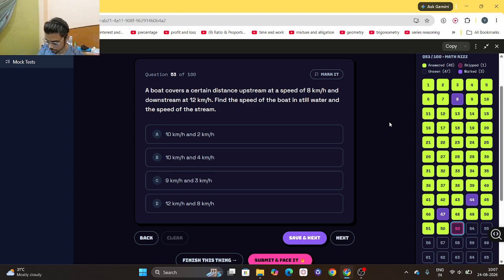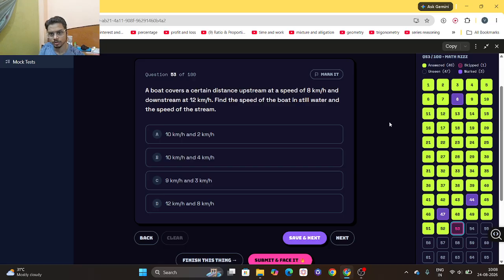This is downstream and this is upstream. Downstream distance is 24 km, the speed is 12 km per hour. Upstream distance is 24 km, the speed is 8 km per hour.